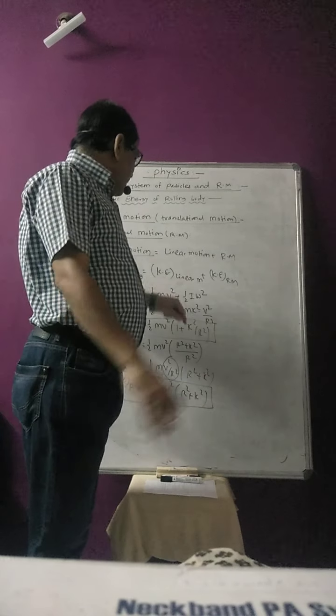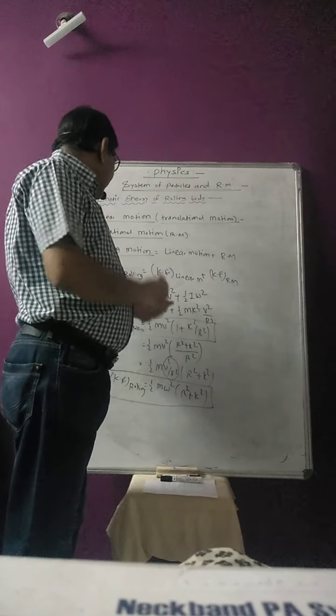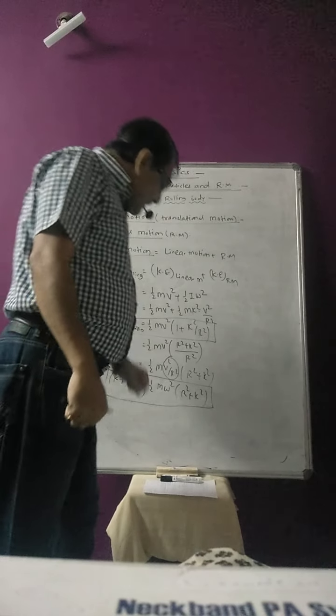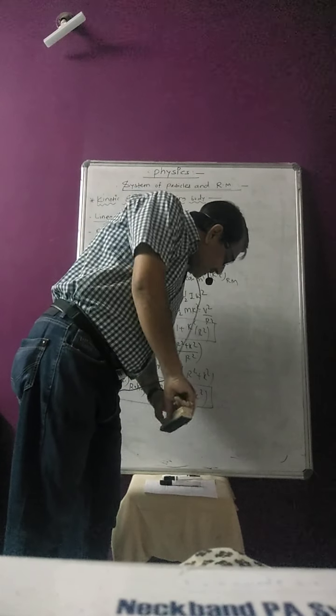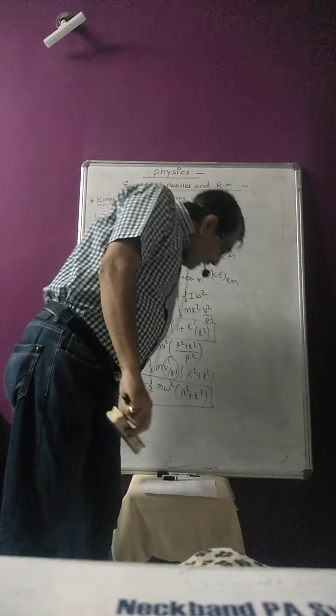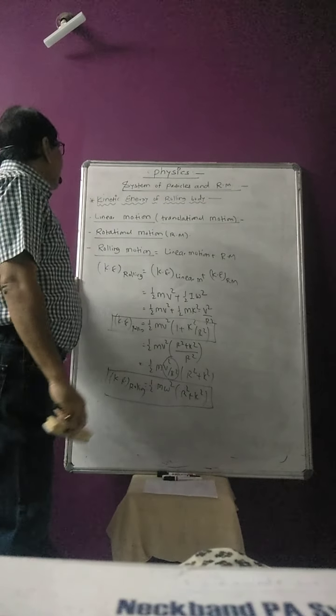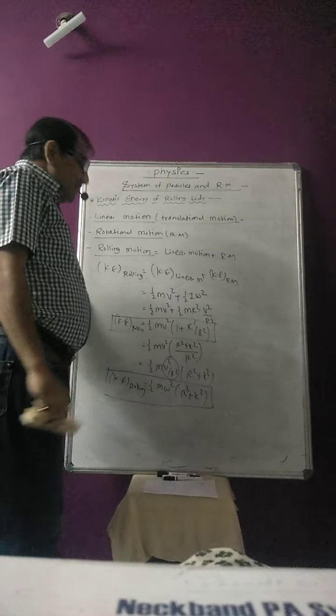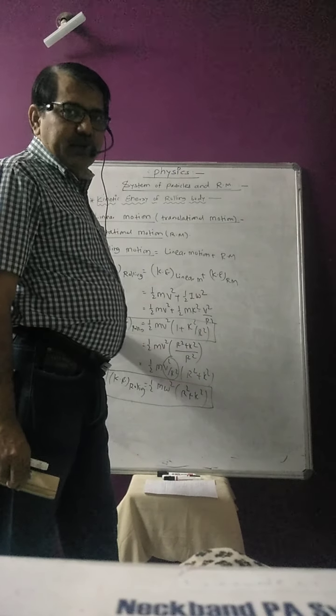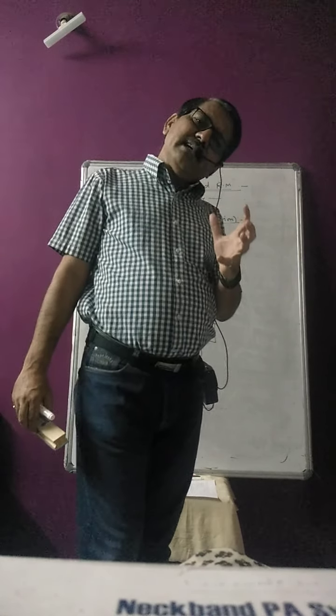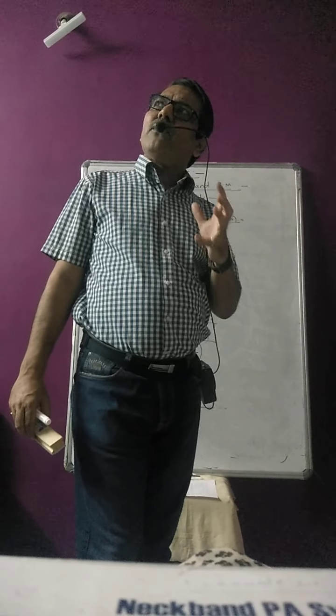Okay. Once you got the idea about linear kinetic energy and rotational kinetic energy, this is the way you calculate the kinetic energy of a rolling body. Now we want to find out the linear velocity of a rolling body at different points.